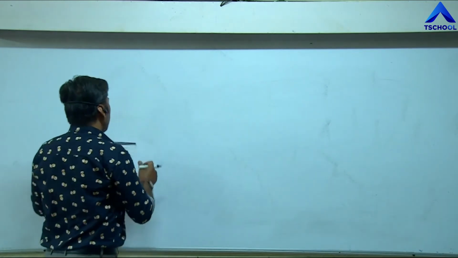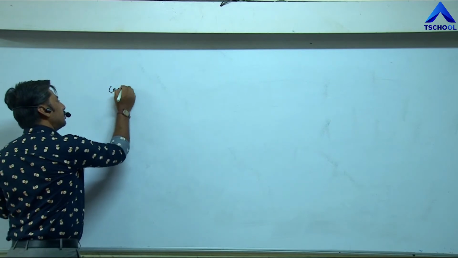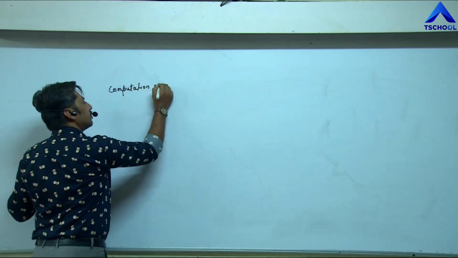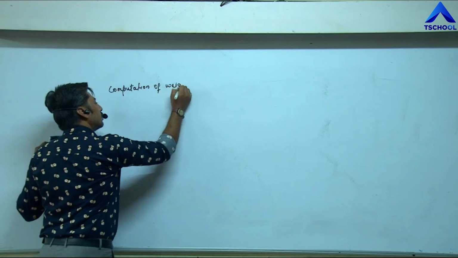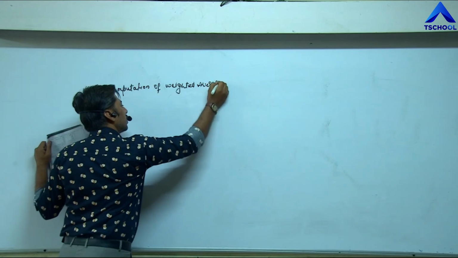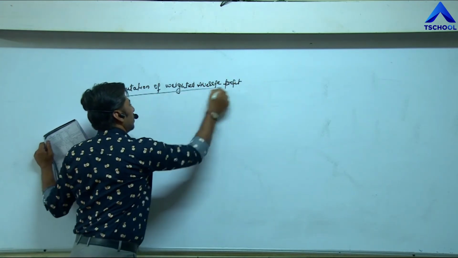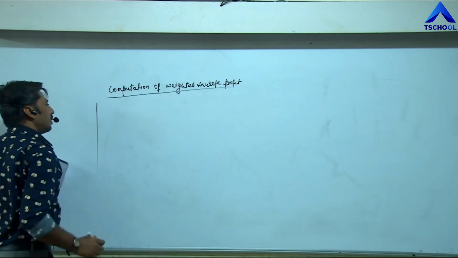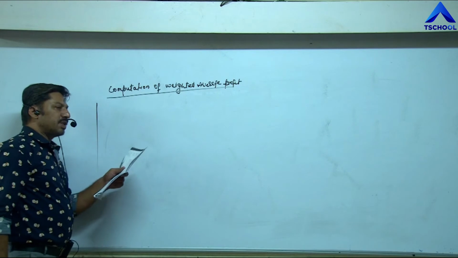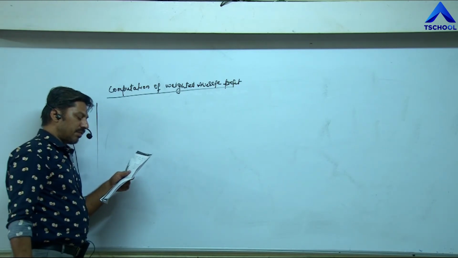So first of all, the format of weighted average profit computation, again 4 columns. Why are we using the weighted average profit method? Because profit is given in an increasing trend: 45, then 50, then 65, then 75, then 90.